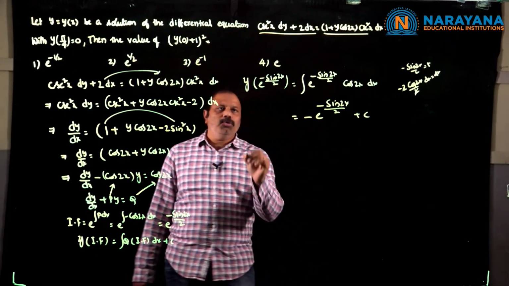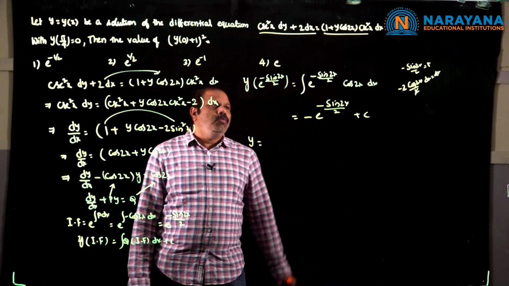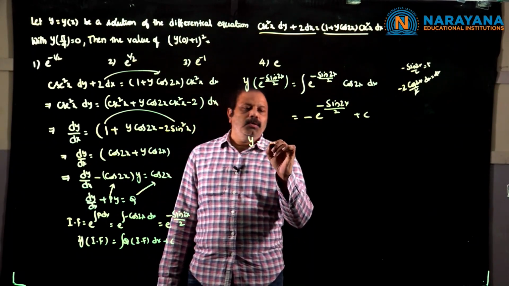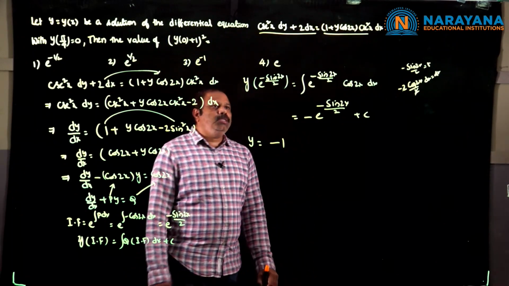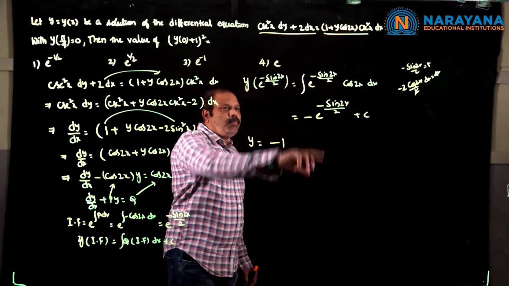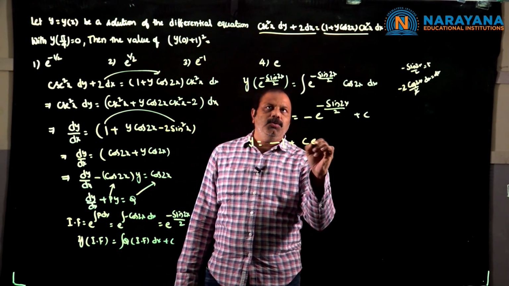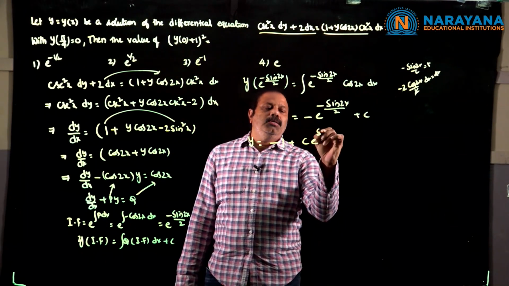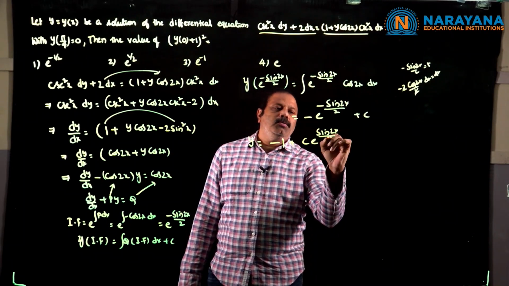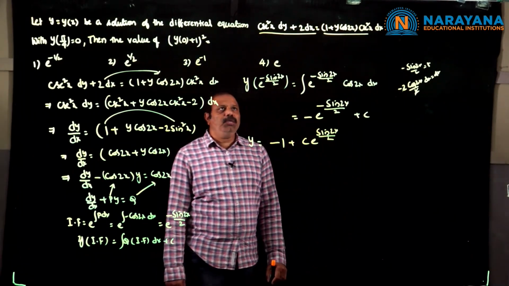Now y equals minus 1, because if I bring this e power minus sin 2x by 2 to that side, it will become minus 1 plus c into e power sin 2x by 2.